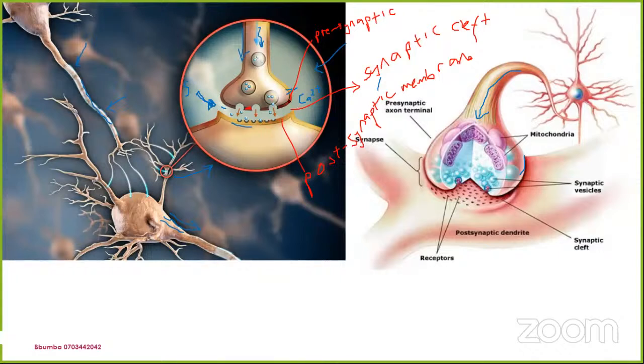Now, I'm going to summarize it very fast so that you can understand. When an impulse arrives at the axon terminal, this swelling here, calcium ions enter the axon terminal.